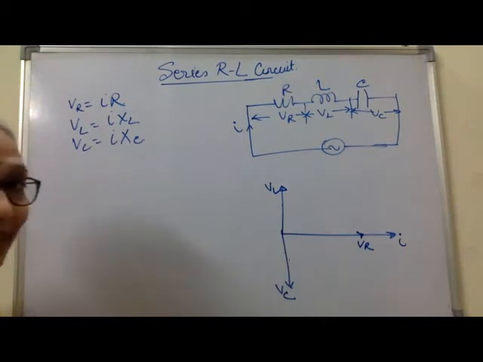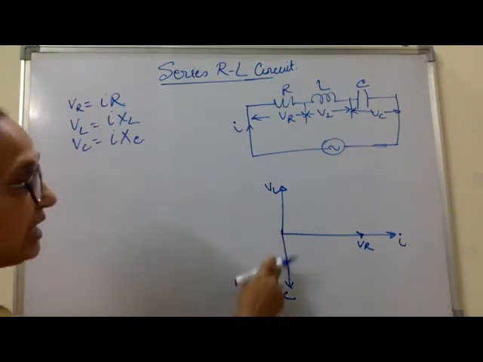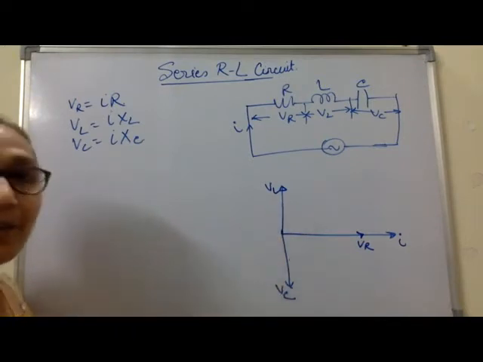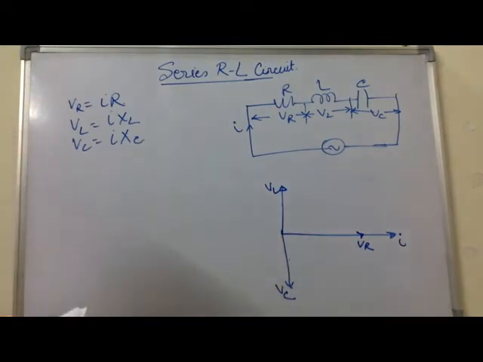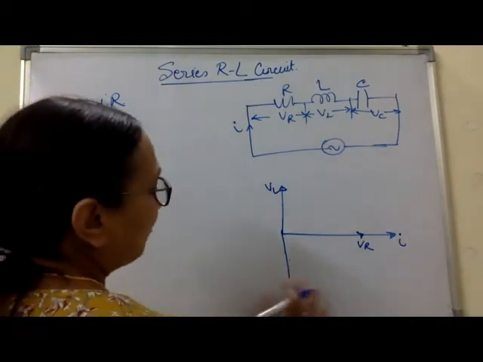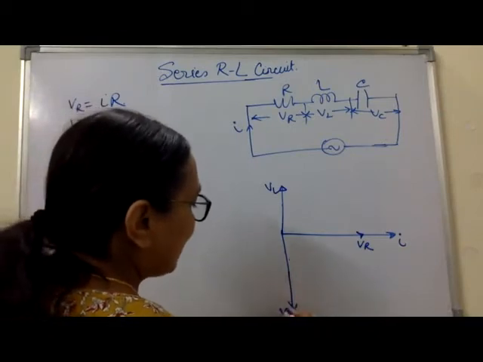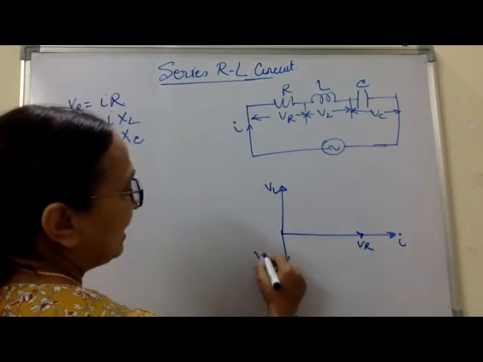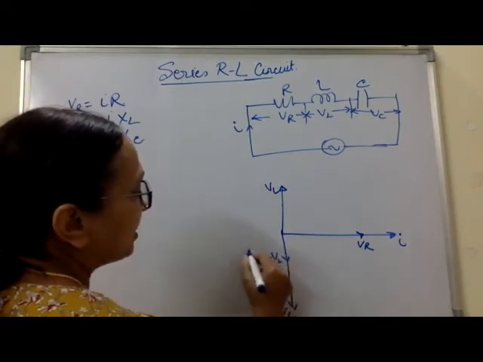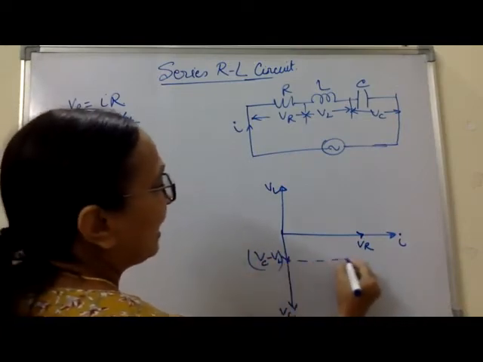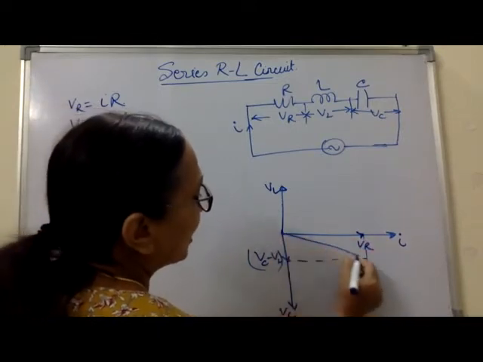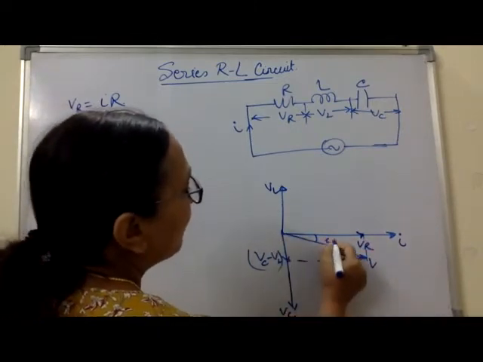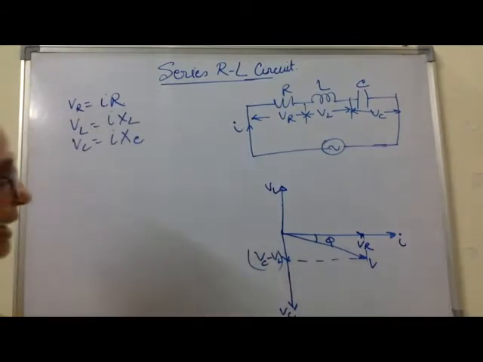If VL is greater than VC, the circuit will be inductive in nature. If VC is greater than VL, then the circuit will be capacitive in nature. For example, over here we take VC greater than VL. Then this will be VC minus VL, and the resultant voltage will be V, and we have to find this phi.